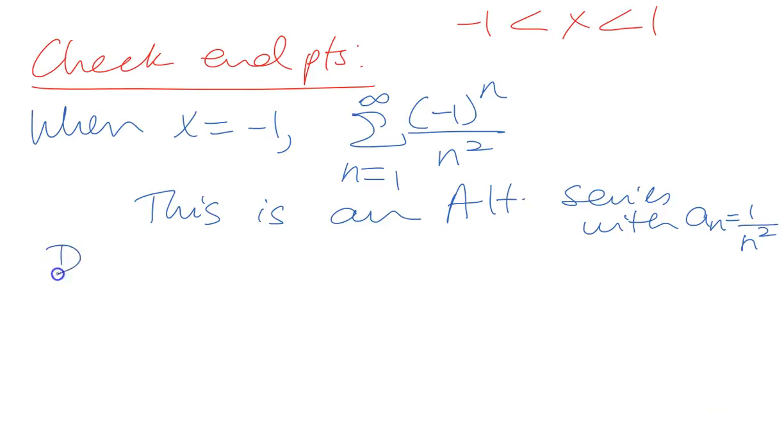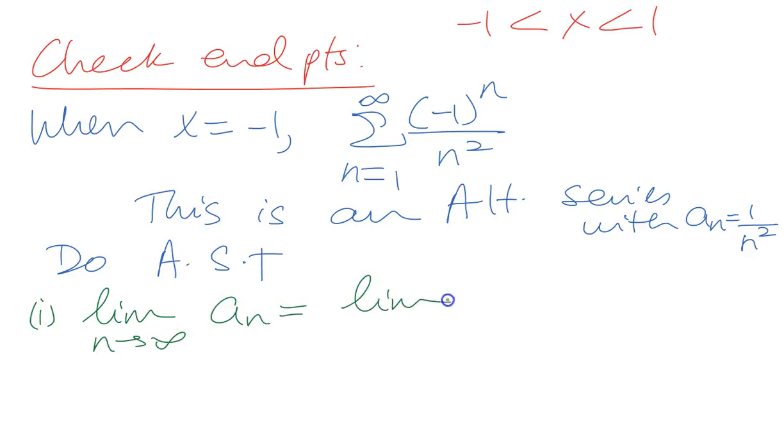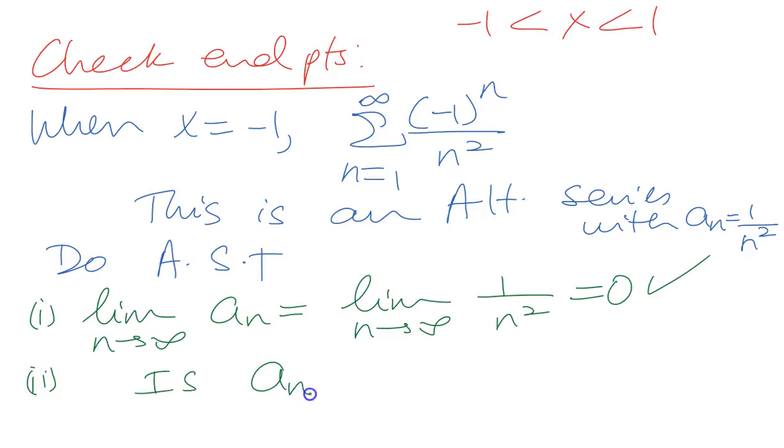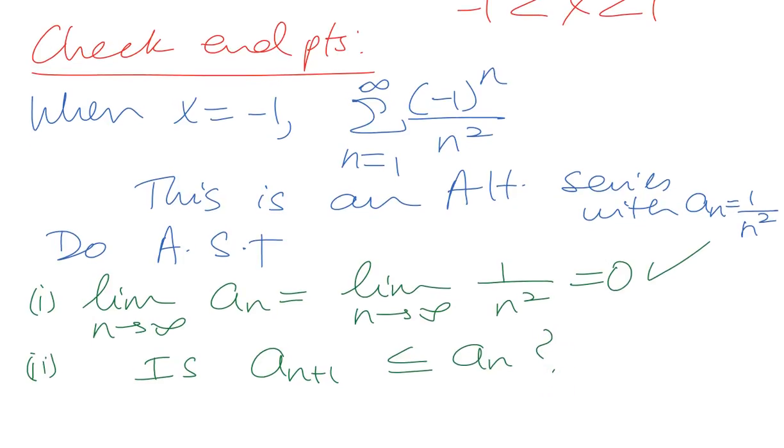So guys, what we are going to do is the alternating series test. And you should know by now, for the alternating series test, you must check the limit as n goes to infinity of a_n, the limit as n goes to infinity of 1 over n squared, which is 0, and that's one of the conditions needed. And then you should ask, is a_(n+1) less than or equal to a_n? Is it decreasing?